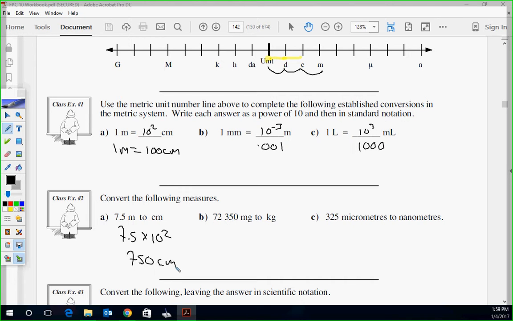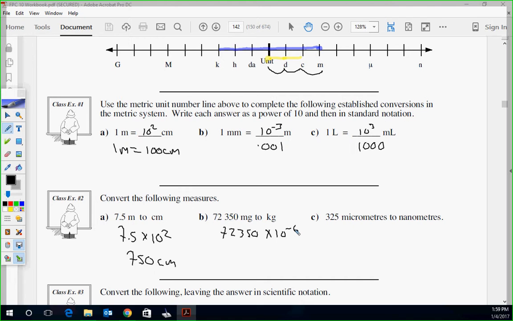Okay, so I'm going from milligrams to kilograms now. So I'm here at this M. Here, 1, 2, 3, 4, 5, 6 to the, which way? Left. So that means I'm doing 7.5 times 10 to the negative 6 because it's left.